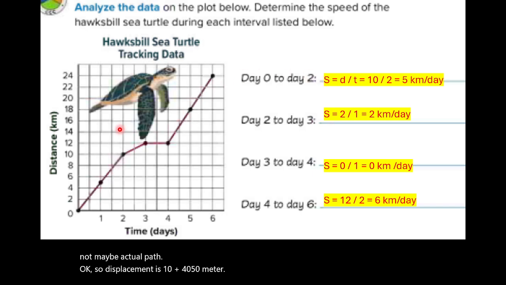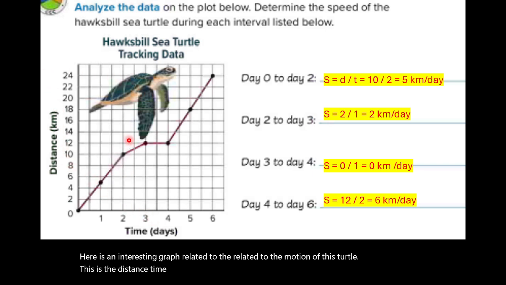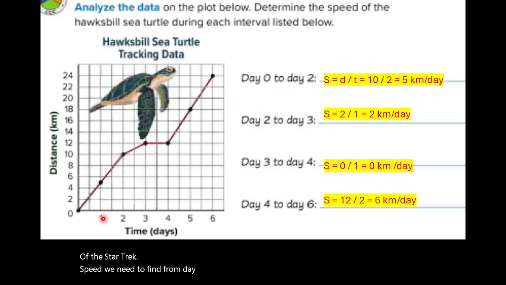Here is an interesting graph related to the motion of this turtle. This is the distance-time graph. We need to find the speed of this turtle from day 0 to day 2.